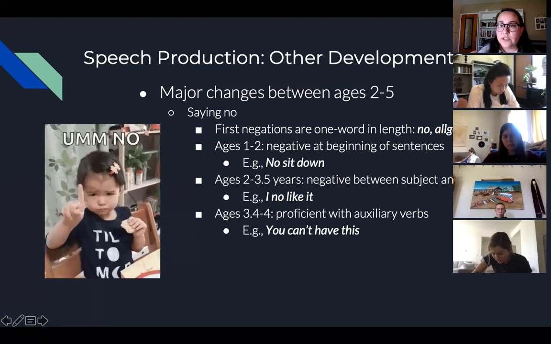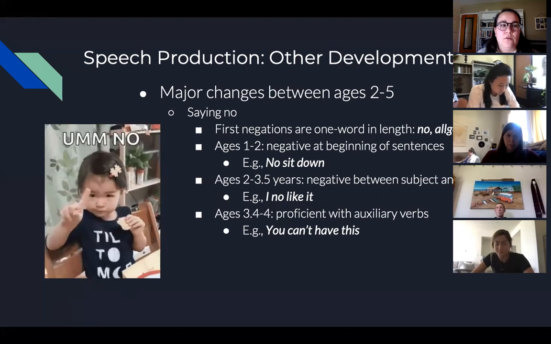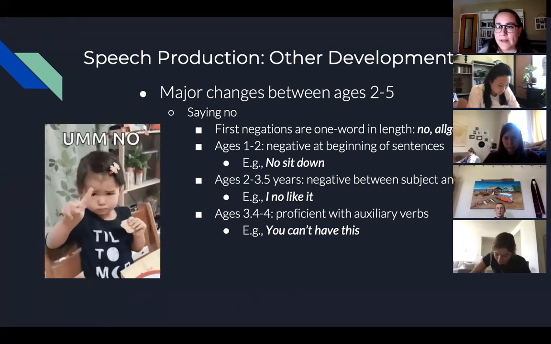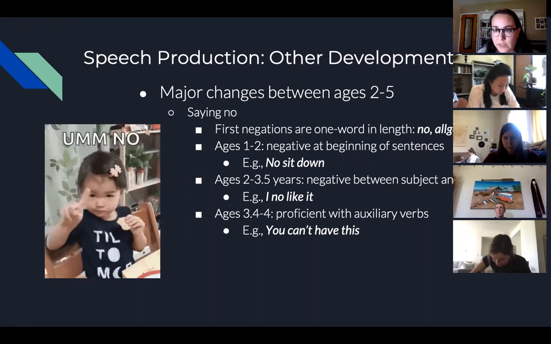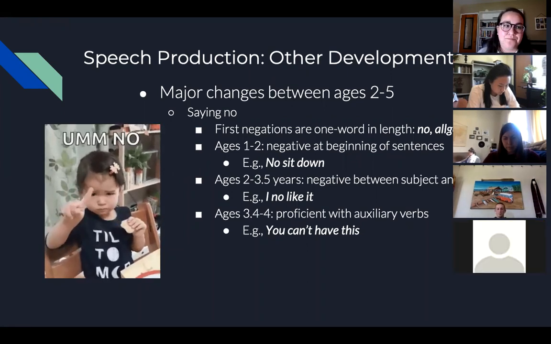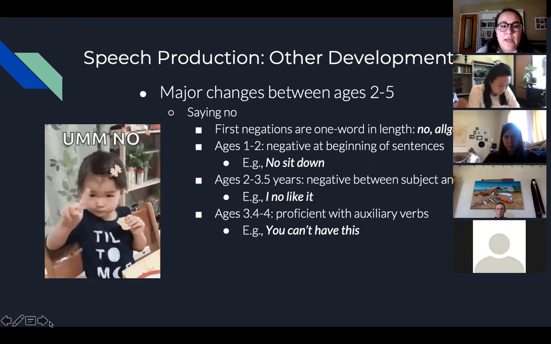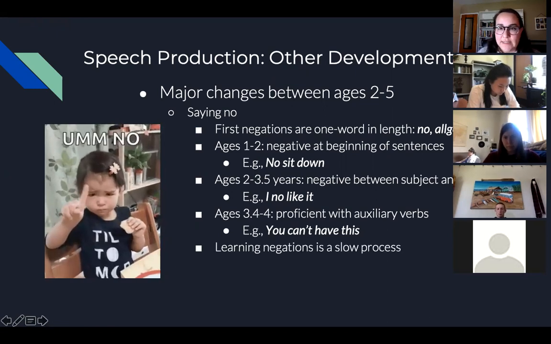And then children start to become more and more proficient with these helping verbs. An example is you can't have this. I don't have money. I'm not sad now. As you can see, this is a slow process.